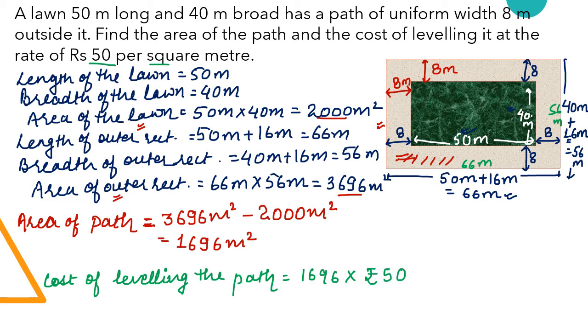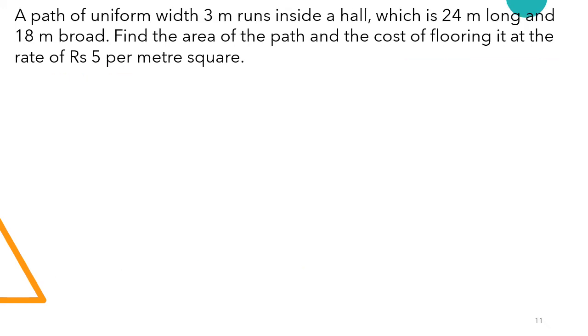So multiply 1696 by 50, it will be equal to 84,800 rupees. Therefore, cost of leveling the path is 84,800 rupees.